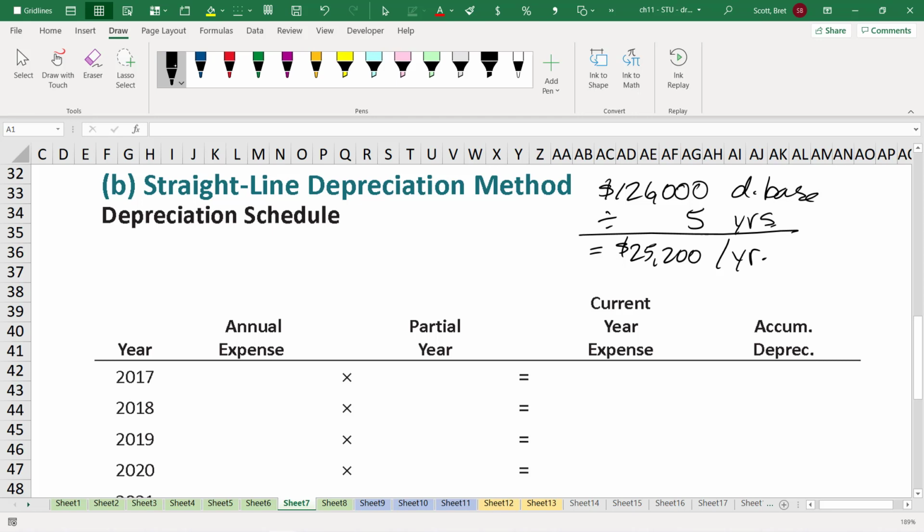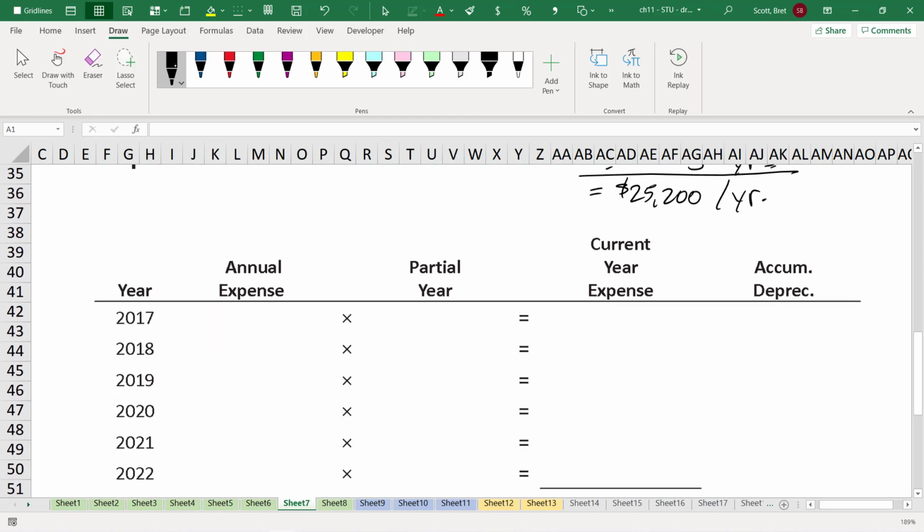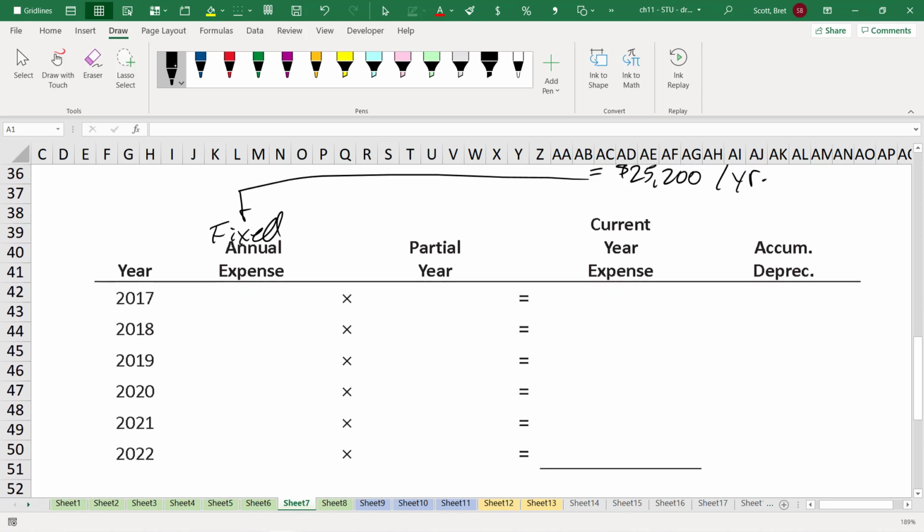Only thing we have to worry about now is partial years. So, annual expense down below, we can just stick that in there. This is going to be fixed throughout the year, just like with the units of production. So every year we expect 25,200, 25,200, etc., 25,200, right? That's expected. We can do forecasting of cash flows and income based on that information.